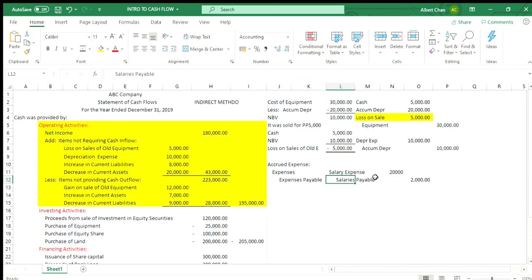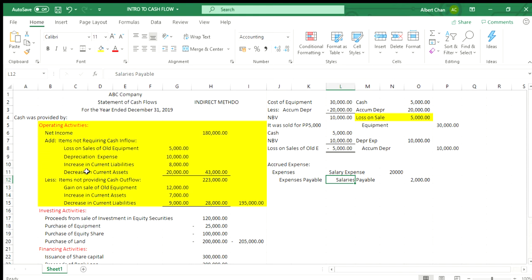It's still payable. But what will happen to your net income? It was decreased by this accrued salary expense, but there was no cash outflow. So that is the reason why an increase in current liabilities is to be added back.